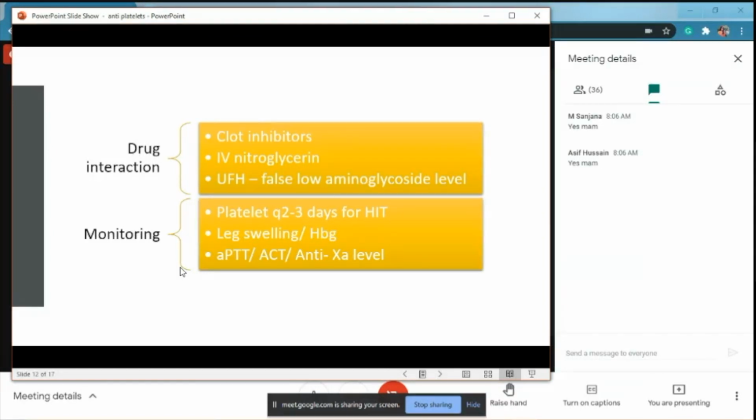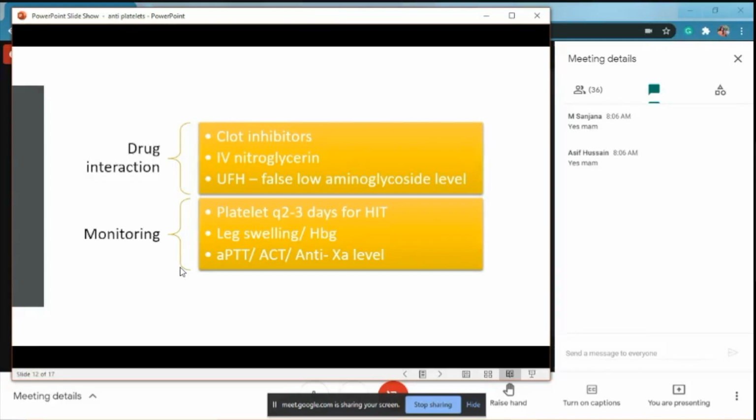Unfractionated heparin can cause a false low aminoglycoside level. This is another thing you have to remember in clinical practice. Say you see a nurse withdrawing blood from the patient for serum analysis of aminoglycoside, and we notice that the nurse used heparin to flush the IV line a few minutes before.